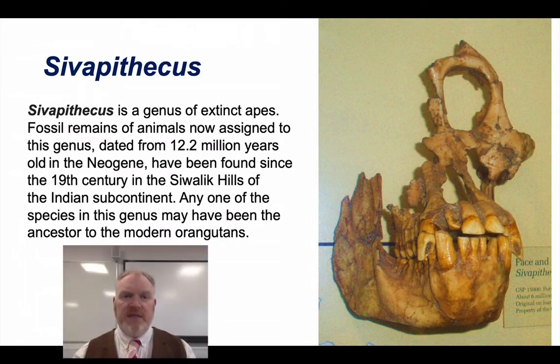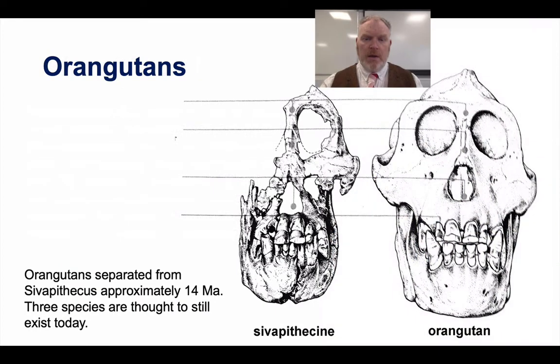Let's start with Sivapithecus from about 12.2 million years ago. These are definitively apes. These are the probable ancestors of orangutans. If we look at the skulls of these two groups, the Sivapithecus and orangutan, we can see that there are some clear similarities.